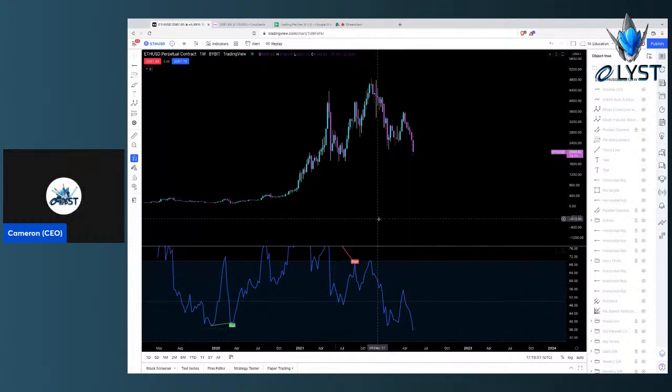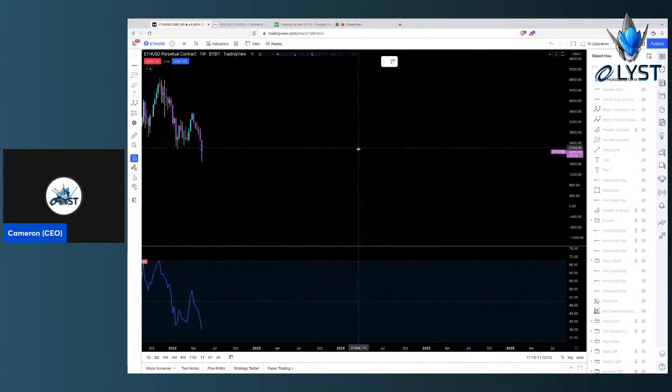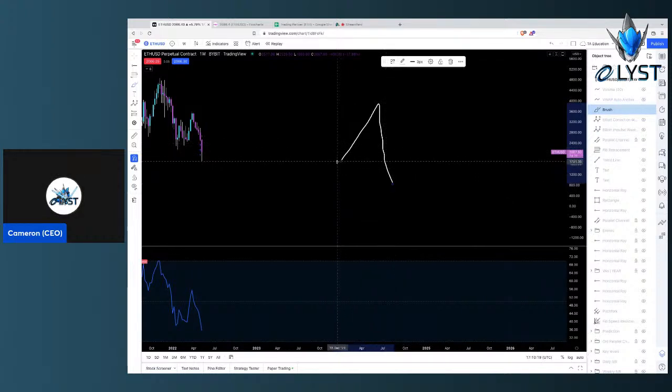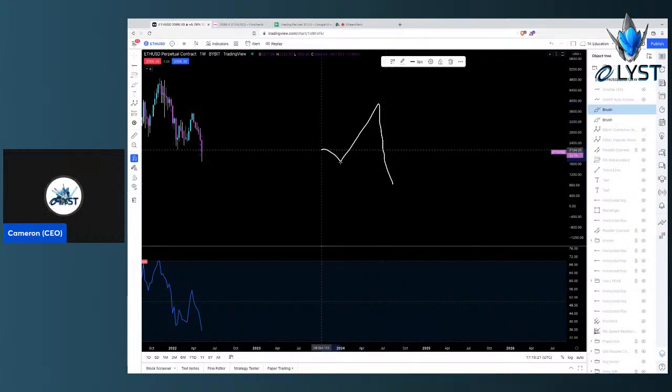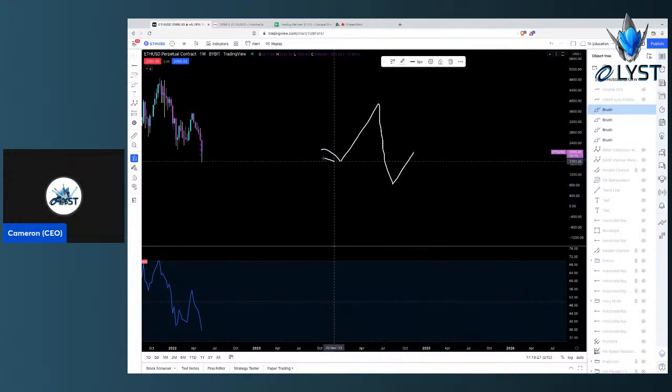Now, typically for a standard bullish divergence, let's say these are the candles. You have a candle that comes up, and then the price goes below the previous low, and then we start to come back up. So you would see a downward trend here.